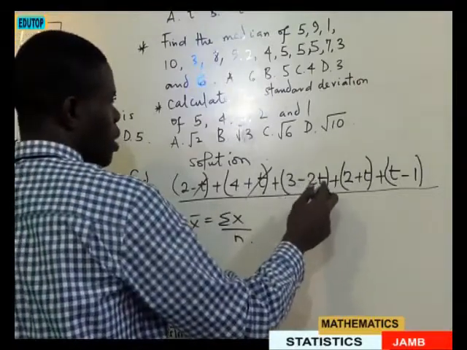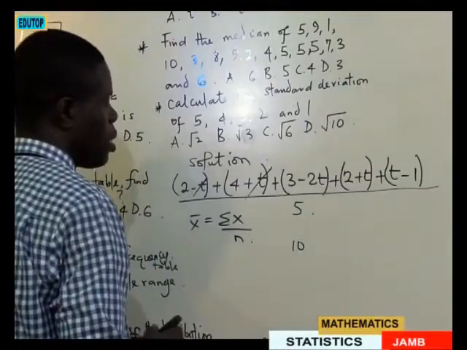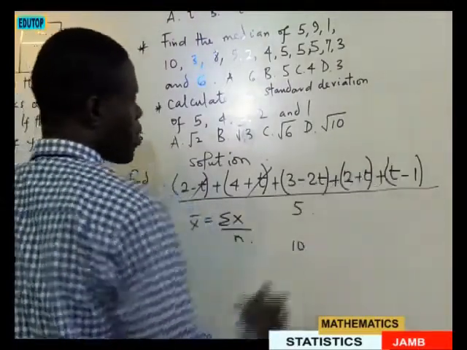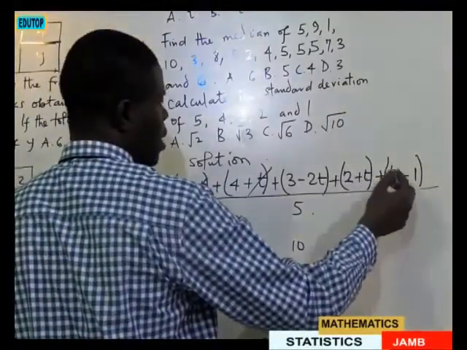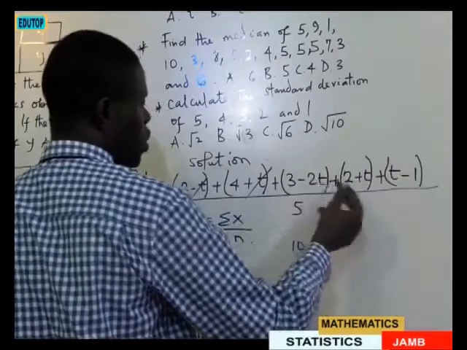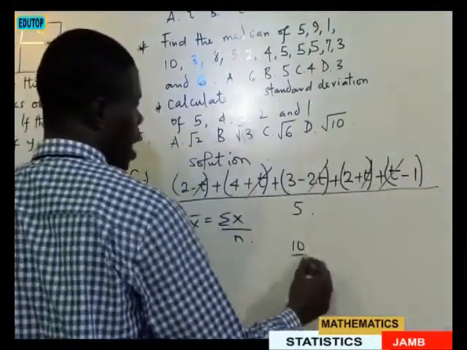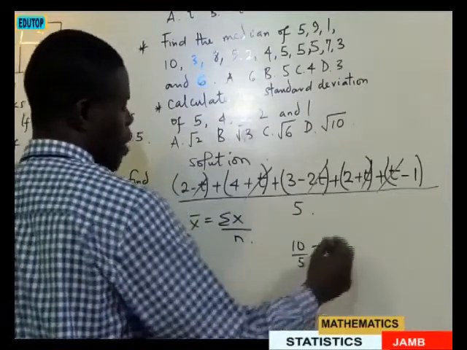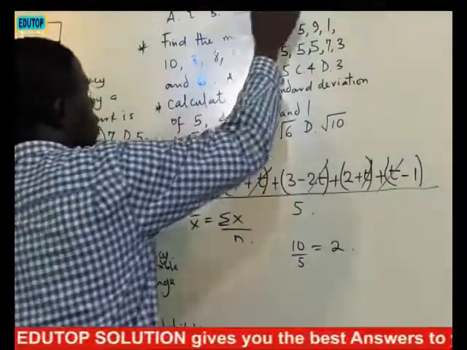Minus 2t plus t will be minus t. Minus t plus t also cancels out. This is t plus t, that's plus 2t. Plus 2t minus 2t, so that cancels out. So you are left with 10 over 5. 10 divided by 5 will be 2. So definitely our mean will be 2, and that is option C.